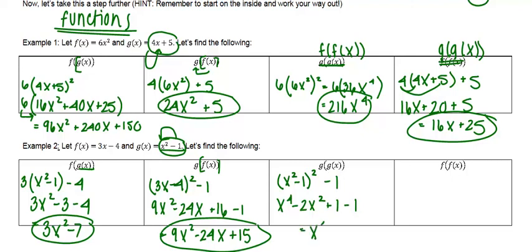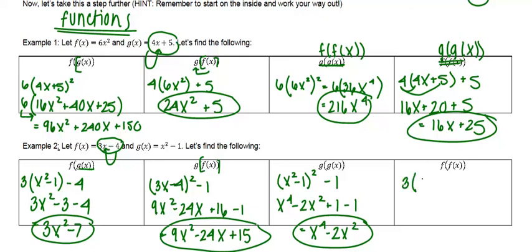I do have to go through and FOIL. This is going to give me x to the 4th power minus 2x squared plus 1 minus 1. I can't forget this minus 1 on the outside. So, combining like terms, we get an answer of x to the 4th power minus 2x squared plus 0. So I can go ahead and leave my final answer as this.